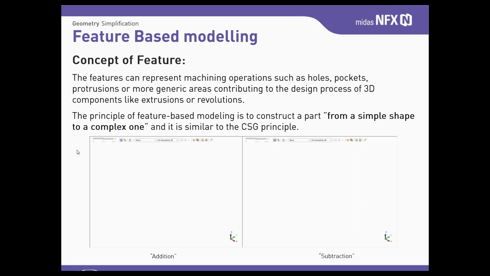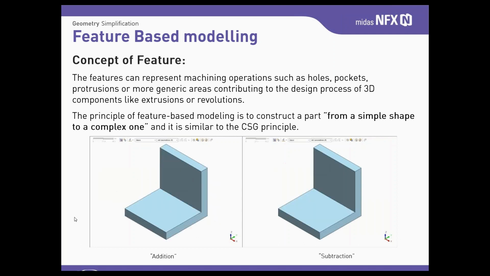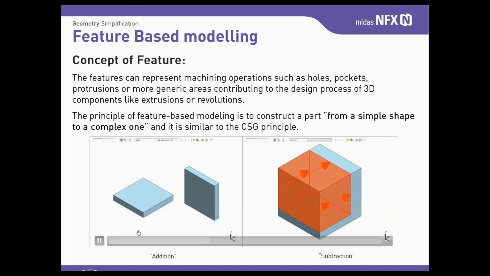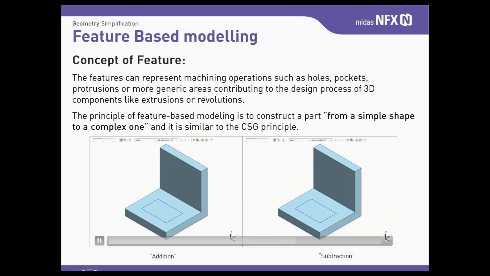However, I would like to emphasize two modeling approaches based on this technique. The first way I'm calling addition, and the second one is subtraction. So let's see a video first, just to compare both results. This is a very short video and I will pause soon.